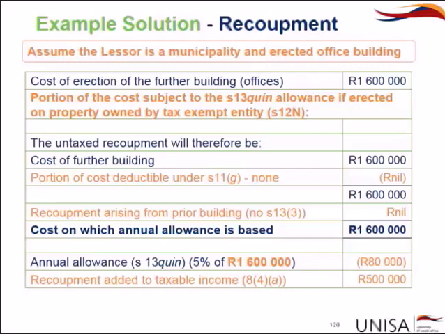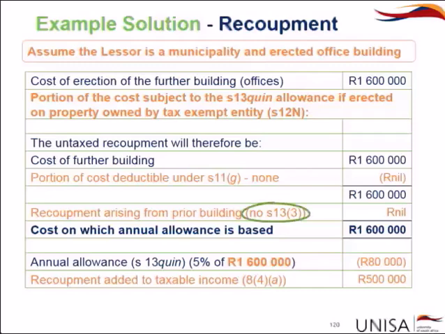Well, the cost of the building was 1.6 million. We did not get any deduction in terms of Section 11G because it is disallowed because the lessor is a tax-exempt entity. Therefore, we will look at the 1.6 million. We cannot apply the recoupment against this 1.6 million because that only applies to a Section 13 asset.